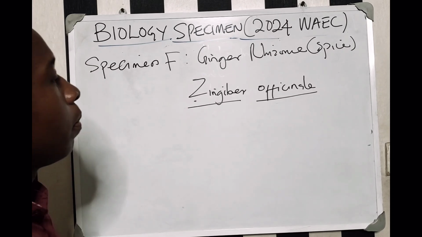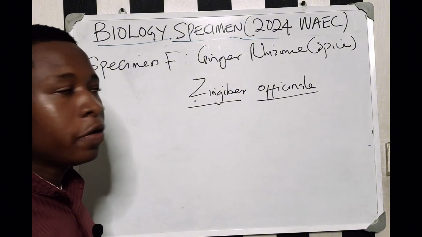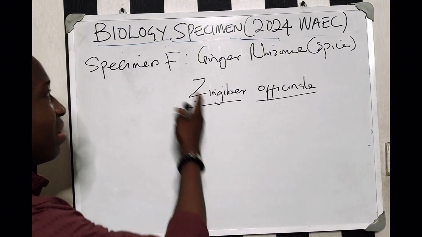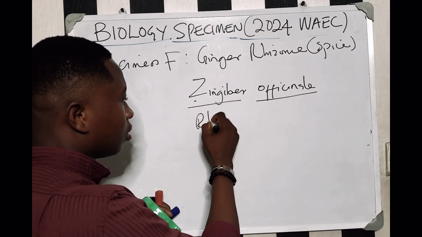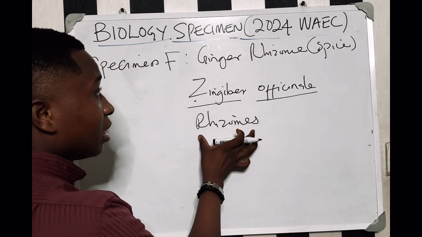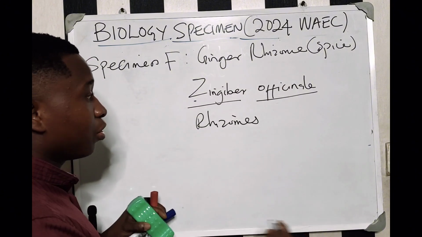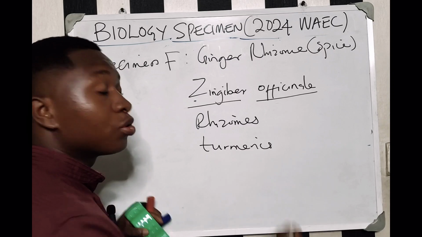This plant also has a vegetative or propagative structure. If you are asked what the propagative structure of specimen F is, the answer should be the rhizomes. Ginger is in the category of the turmerics and so on.